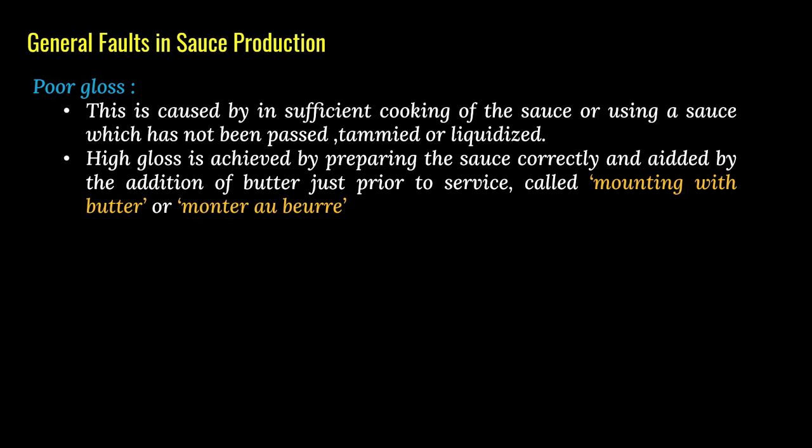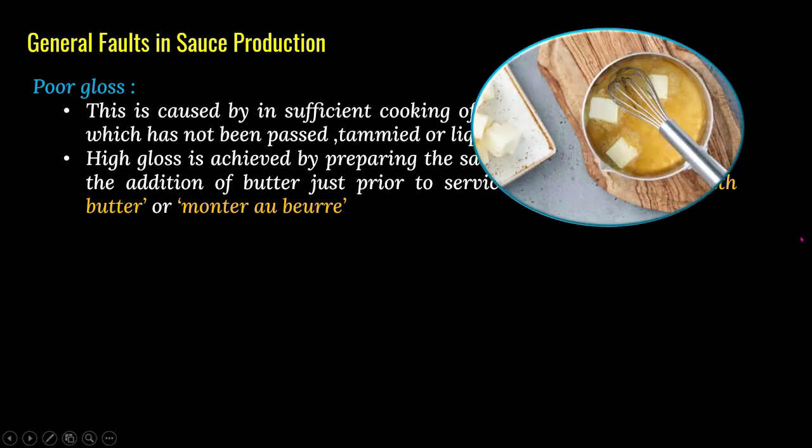High gloss is achieved by preparing the sauce correctly and aided by the addition of butter just prior to service, called mounting with butter, or monter au beurre. Let's see the image first. When the sauce is ready, you put some chunk of butter on top, and what will happen?